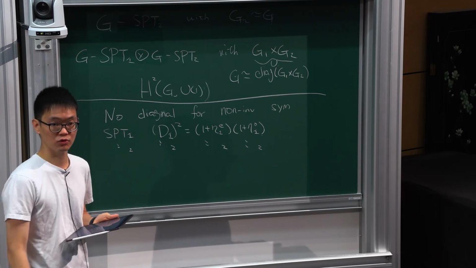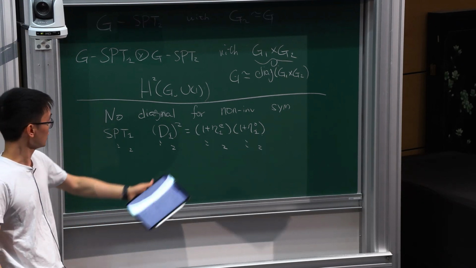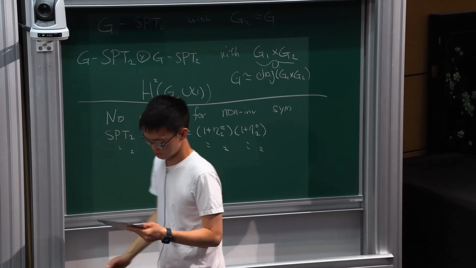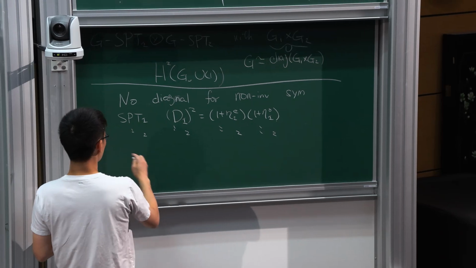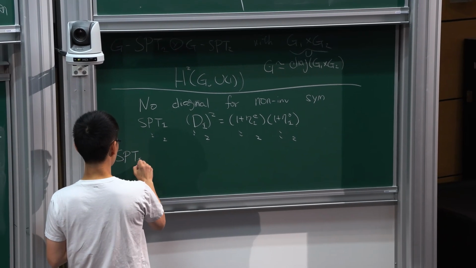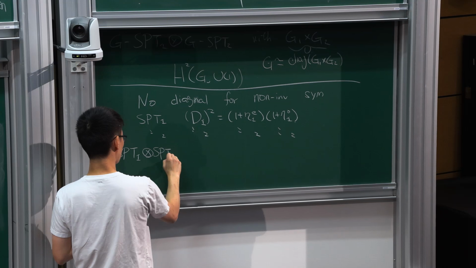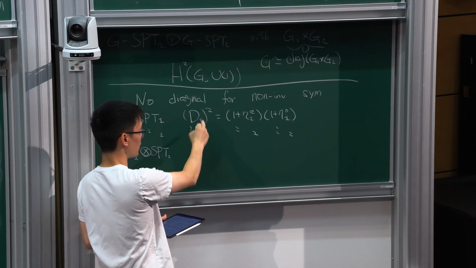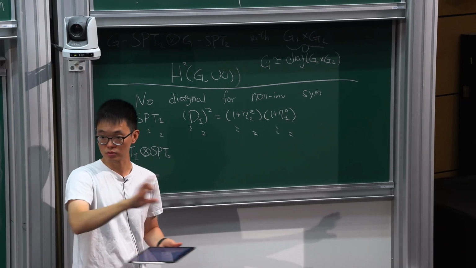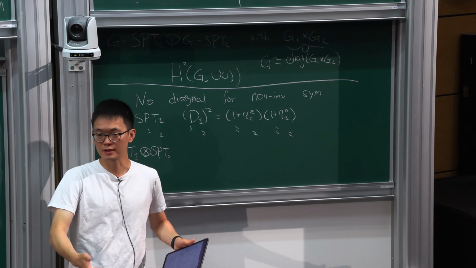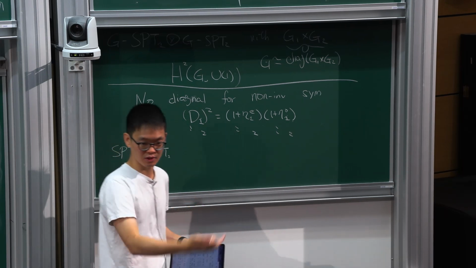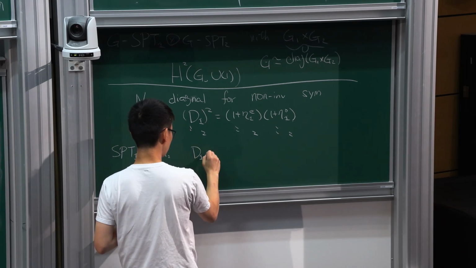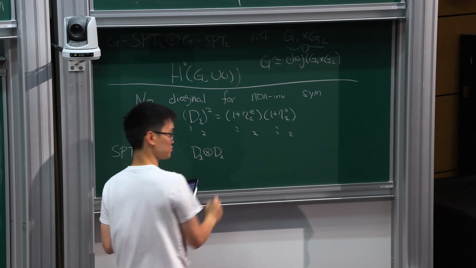Let's say I have two such non-invertible SPTs enjoying the Rep D8 symmetry with this fusion algebra. Then I can consider the tensor product between the two. The tensor product theory will have D1, D2, eta 1, eta 2, and so on. What would be the diagonal of the two fusion categories? The naive thing you would say is let's try D1 tensor product D2.